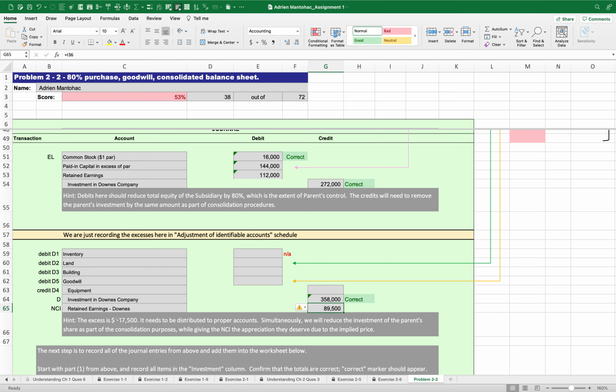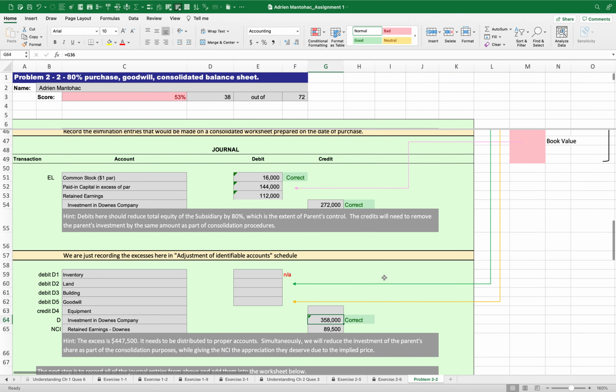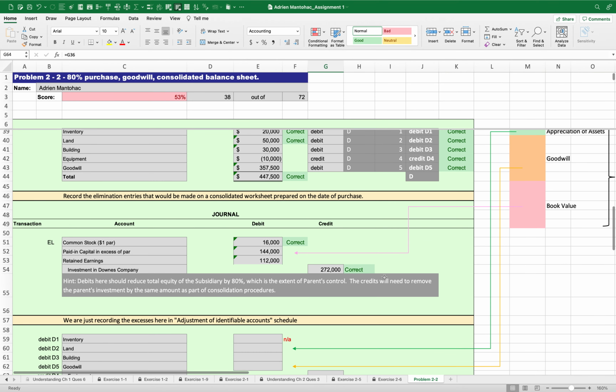By crediting their retained earnings for NCI, we have just increased their retained earnings, the 20% share, while simultaneously getting rid of our investment in Downs. And the remaining aspects of this, we have already actually kind of figured out.